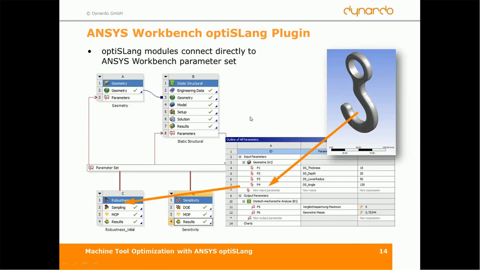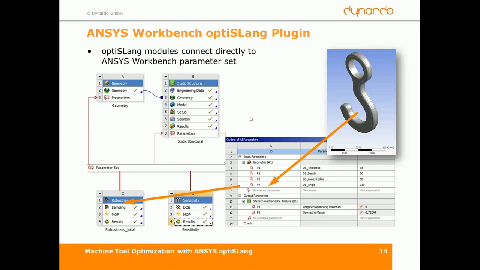One special solution is the Workbench plugin of optiSLang. The optiSLang containers for sensitivity analysis, robustness, and optimization are available in the Workbench. And here we have a special situation, since the Workbench provides, in contrast to some other solvers, already a nice parametric environment, as I have already shown for our example.